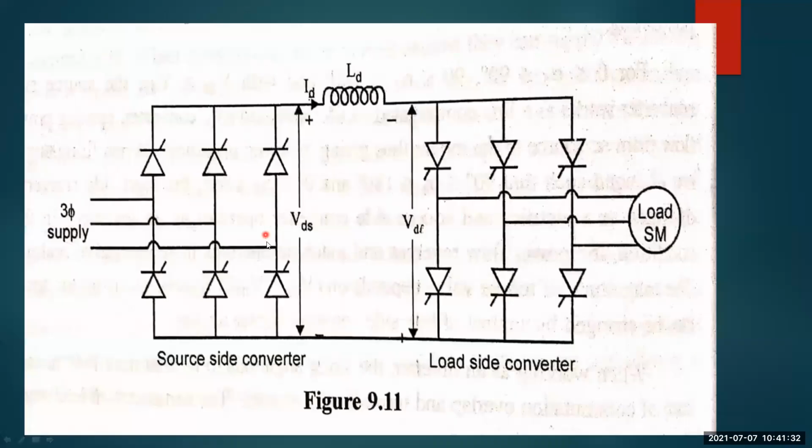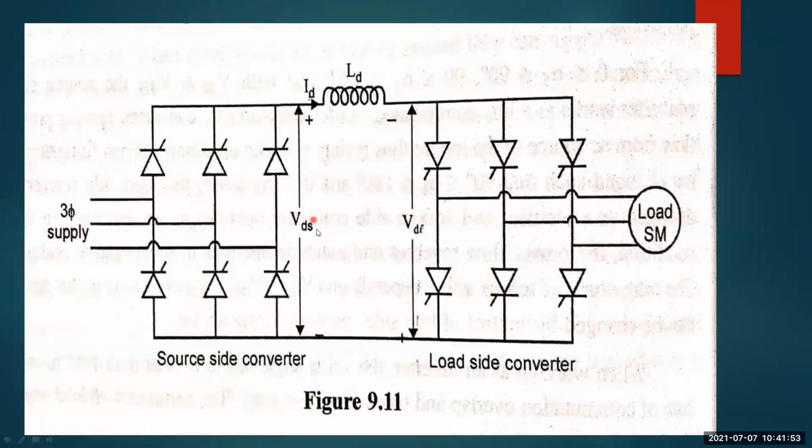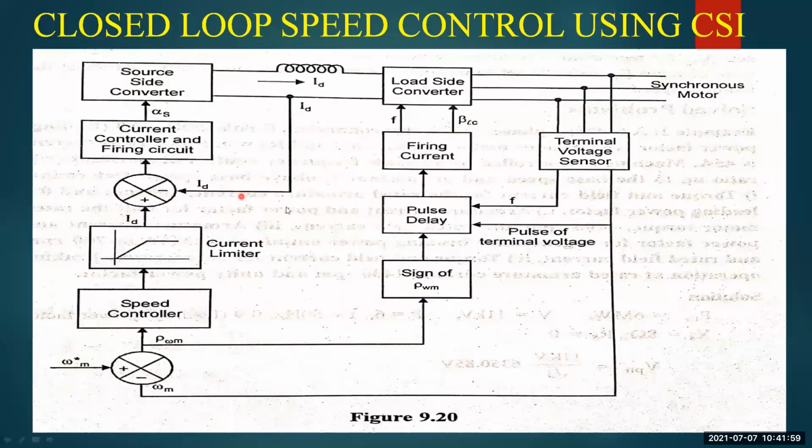This is the source side converter, and this is the load side converter. This scheme is with the power circuit, source side converter and load side converter. This is called the closed loop speed controller.